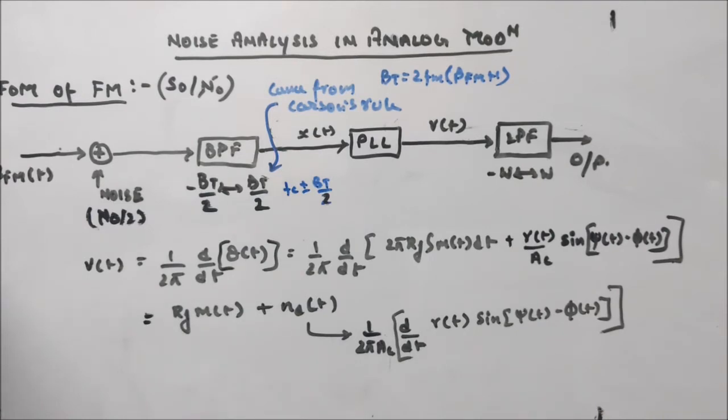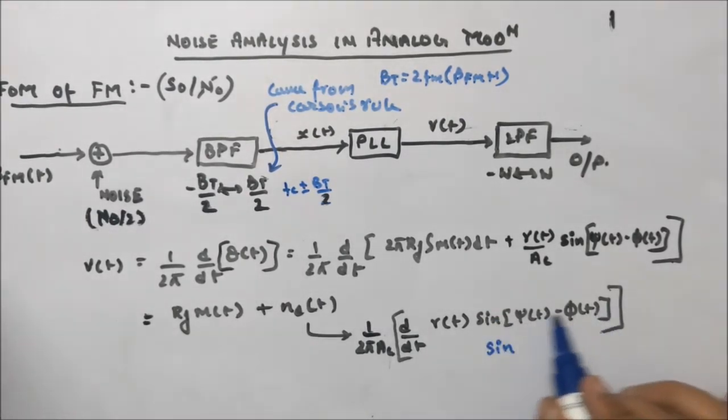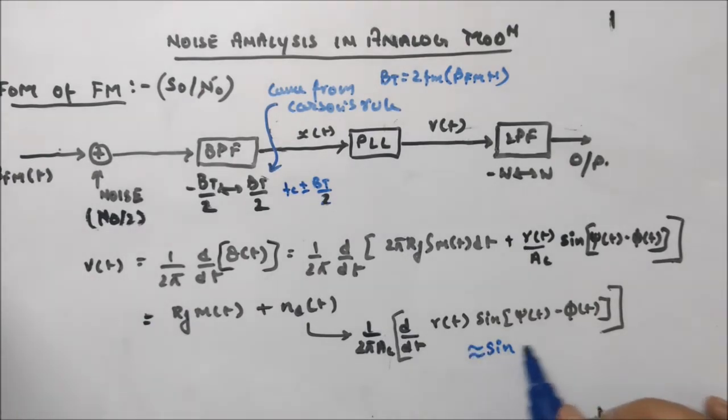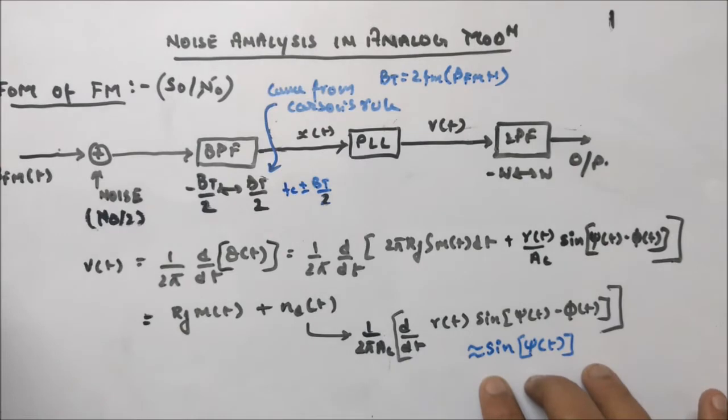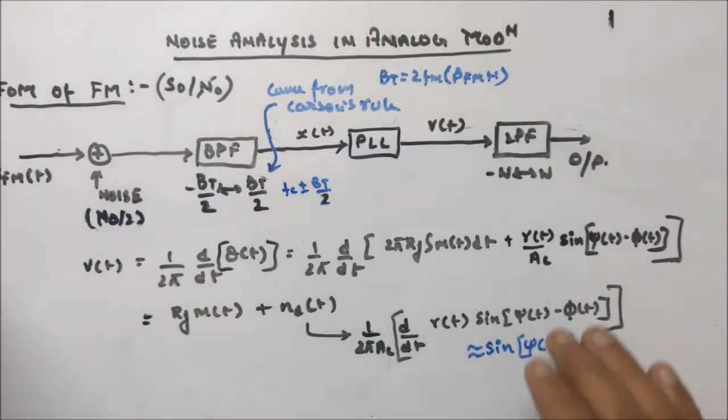Now here there is a confusing approximation, that this term is approximately equal to sine of psi(t). So I will give you the reference from where I am teaching this. I was really not convinced with the reason, but this is how the proof goes.